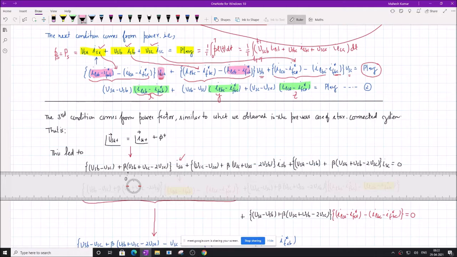Therefore it becomes VSA minus VSB. And the second term is ILBC. So ILBC is here, ILBC is here. So this becomes VSB minus VSC. And the last one is ILCA minus IFCA star into VSC, equal to PL average. This is the second equation. Okay, so this forms the equation from the power condition.